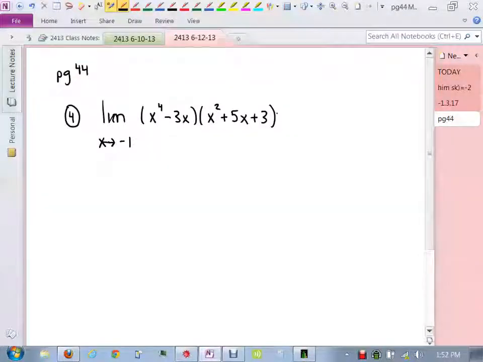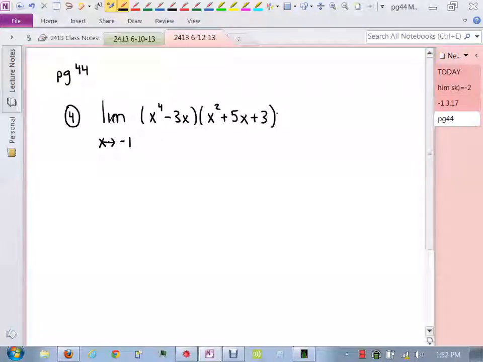So the question is, what happens to this function as you let the x value get close to -1? That's what the limit means. Get close to -1, but don't actually be -1. The first thing we always do with any limit is see what happens if we just try and let x be -1. Just plug it in and see what happens.